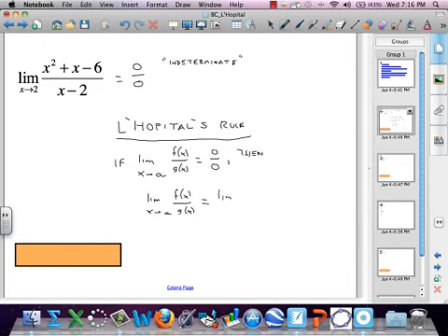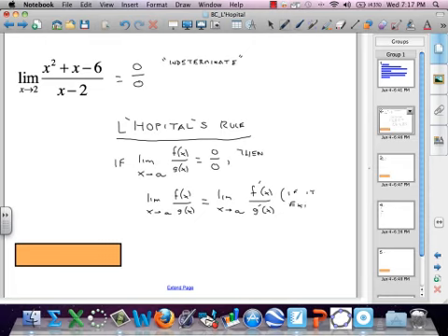Okay, the limit as x approaches a of f prime of x divided by g prime of x. Now, there's a couple things we should say here, and I should put in parentheses if this limit exists, this second limit, because it might not exist either.